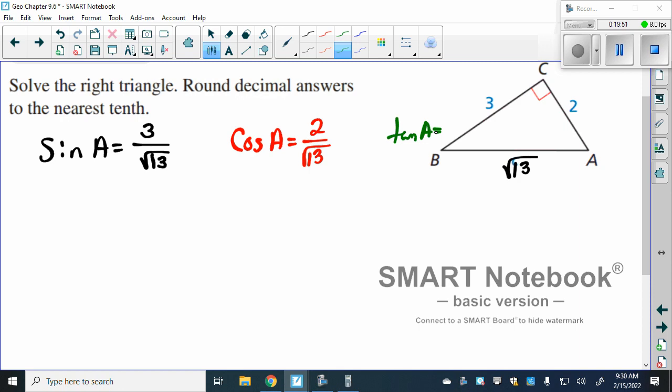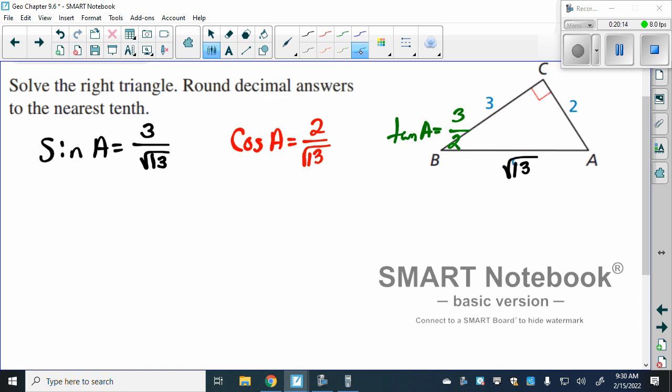Because opposite over adjacent, yes? Because for any of these here, for sine I need opposite and hypotenuse. Well, we have those. For cosine I need adjacent and hypotenuse. We have those. And we also have opposite and adjacent because I do have all three sides, yes? So let's see what we get.